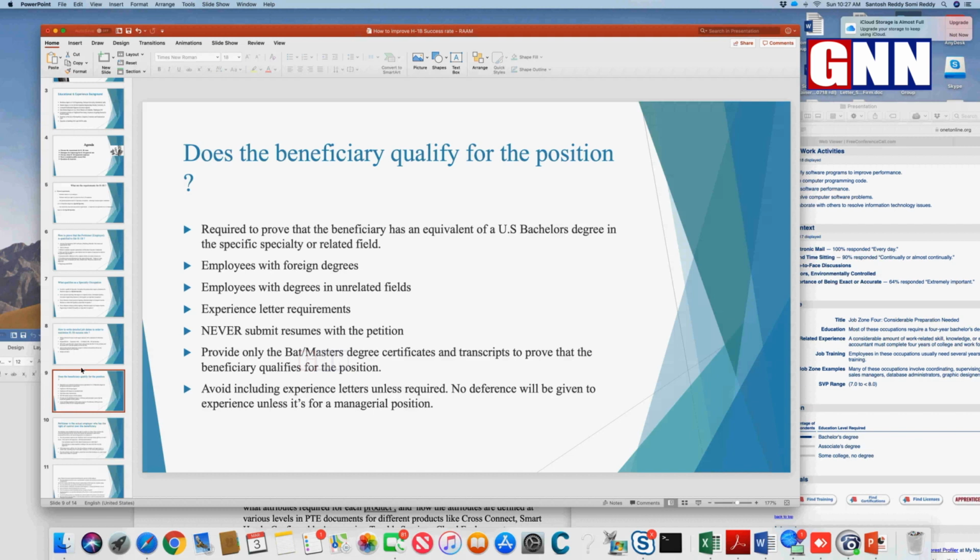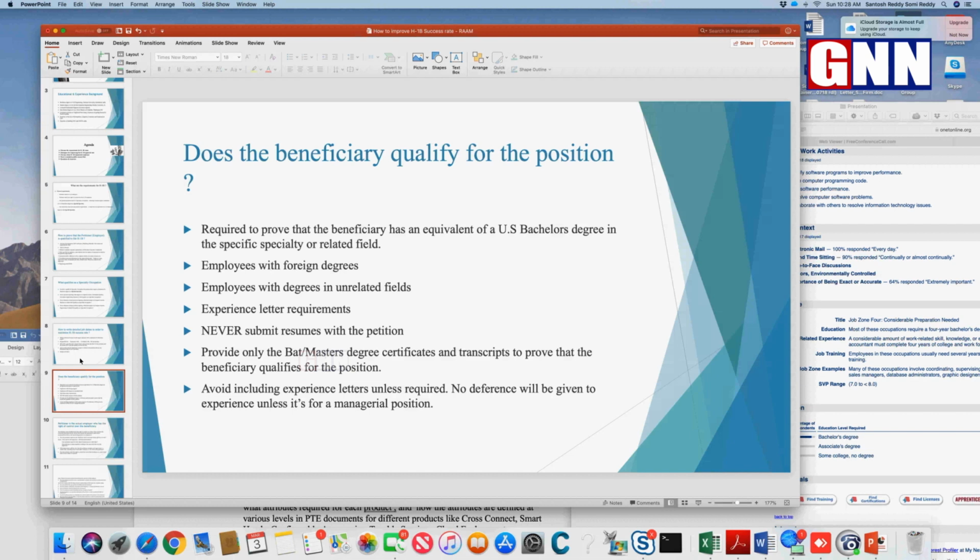One of the major challenges that we will face is, assume that a person has a bachelor's degree in mechanical engineering, and you're filing an H1B for a software developer position, and all of a sudden you receive an RFE saying, how would a person with a mechanical engineering degree be able to perform these job duties? A lot of times I see that clients try to show the coursework in mechanical engineering to show that he qualifies or gained enough experience to perform these job duties. That is not how it needs to be done.